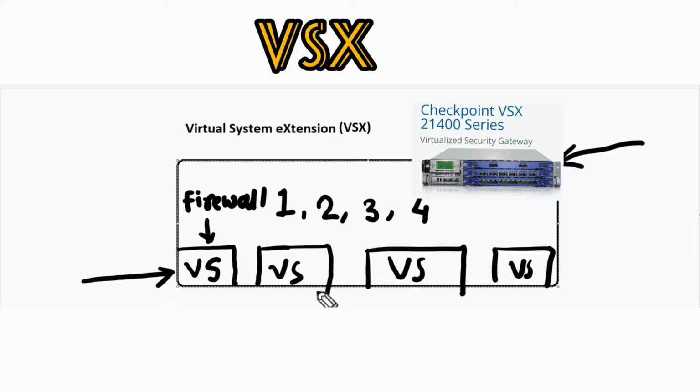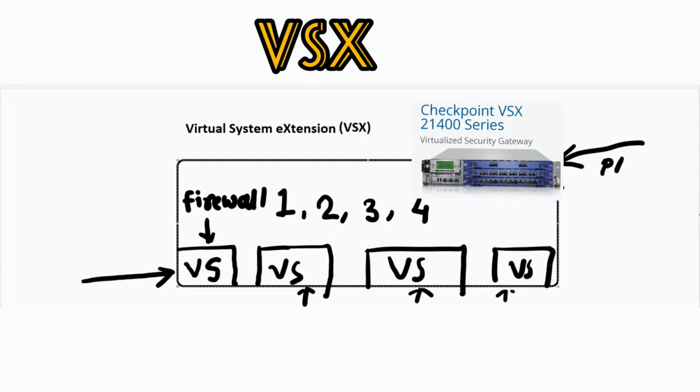Whatever the destination network we have behind a virtual system, if the packet is destined to that network, the VSX gateway will forward that packet to that virtual system. For example, say packet 1 is destined for this virtual system.